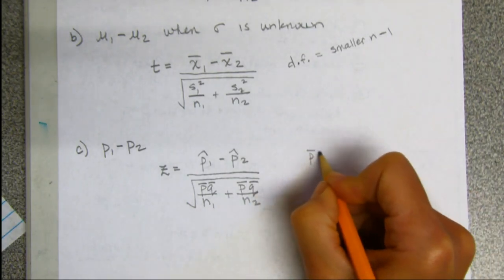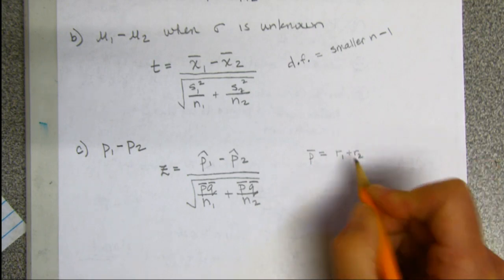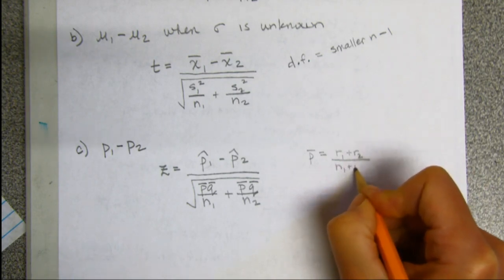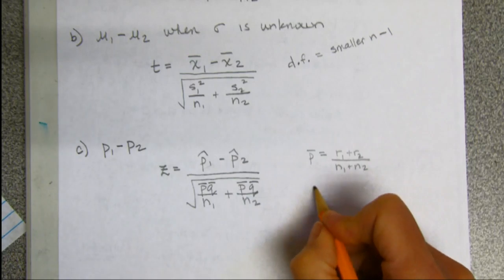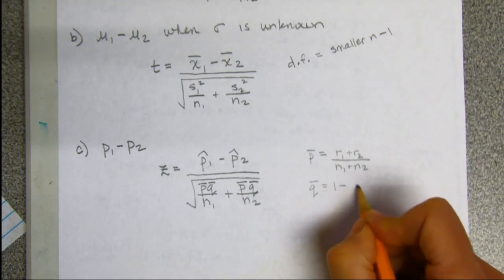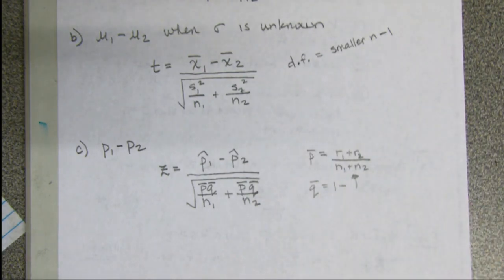P bar is the sum of your successes over the sum of your trials. And then your q bar is always going to be the complement. It's 1 minus whatever you got for your p bar.